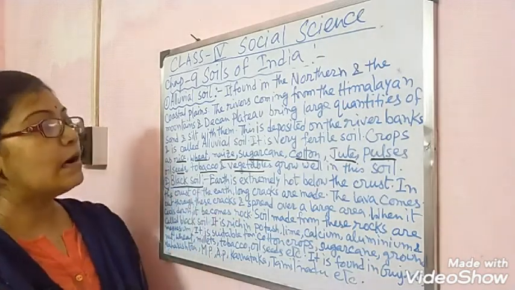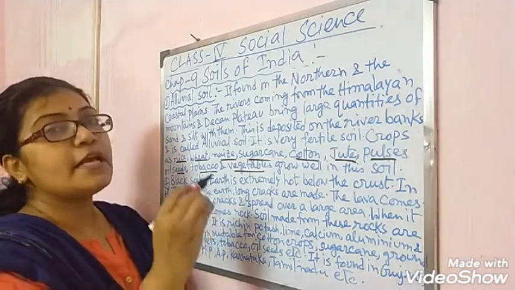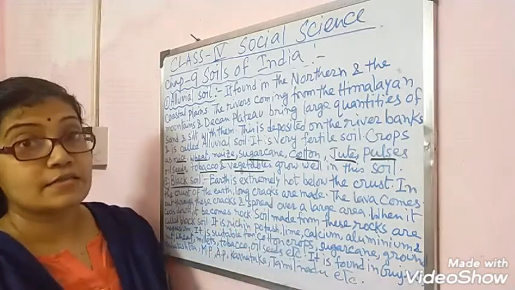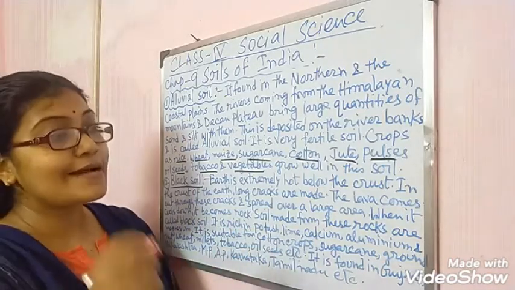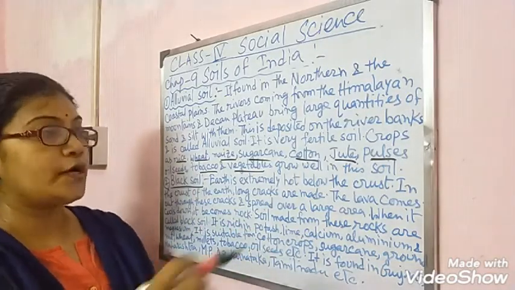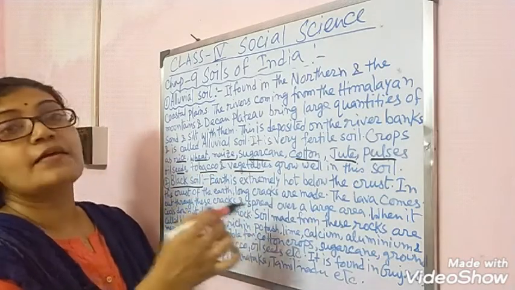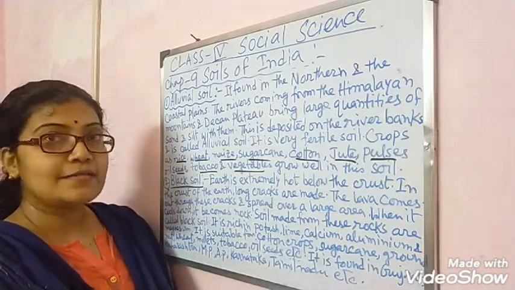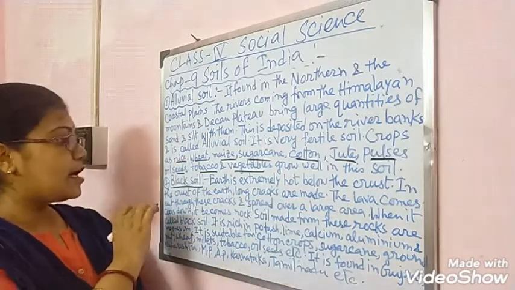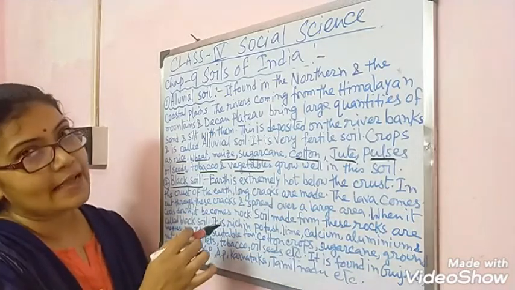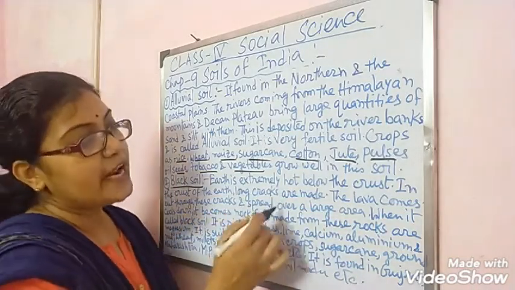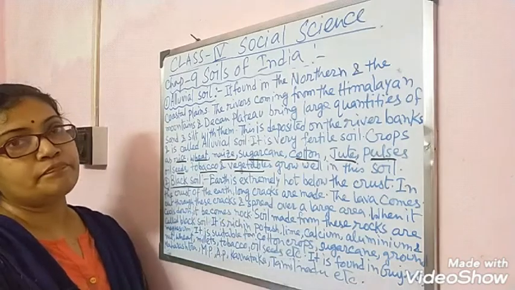What is that? The earth is extremely hot below the crust. In the crust of the earth, long cracks are made. The lava comes out through these cracks and spreads over a large area.